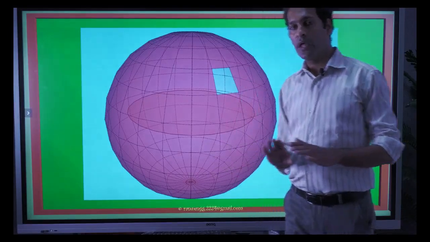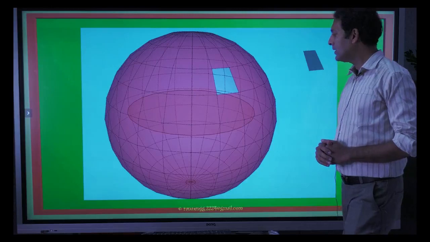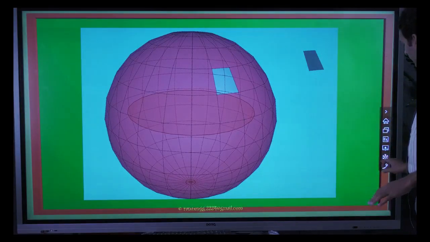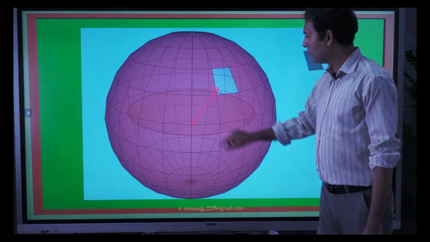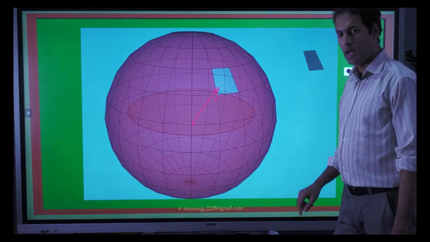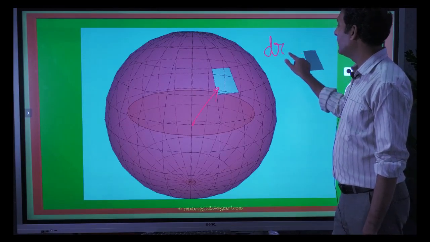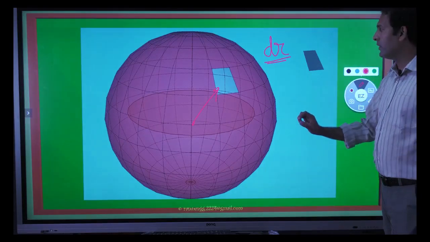But here we don't have any flat surface, so what will the differential elements be? First is the radius r. It will be the same as in the cylindrical coordinate system. Suppose from the origin we go to some radius r. This differential element can be referred to as dr. So the first one is simple, we got dr.